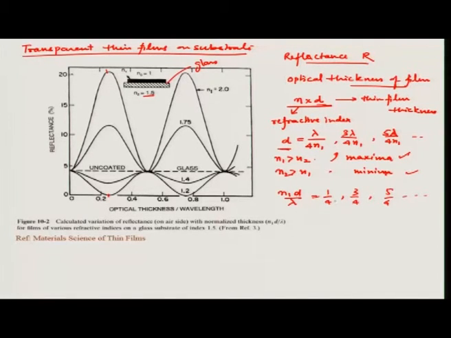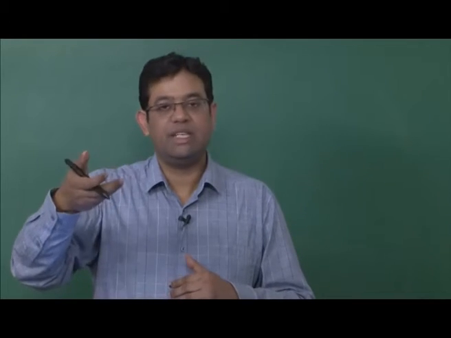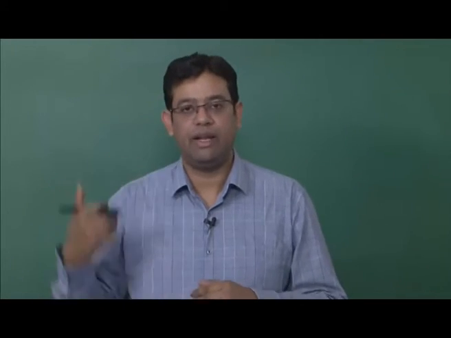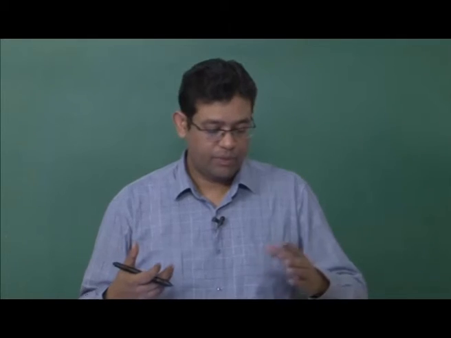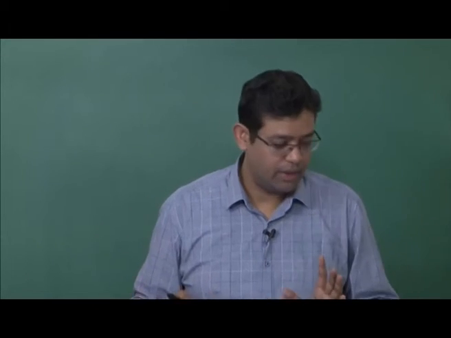So 0.25, 0.75 and so on. You measure the reflectance, and how do you measure reflectance? You just measure the intensity of the light which is being reflected, compared to how much is incident on your sample.